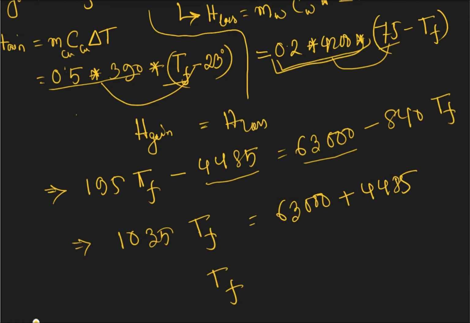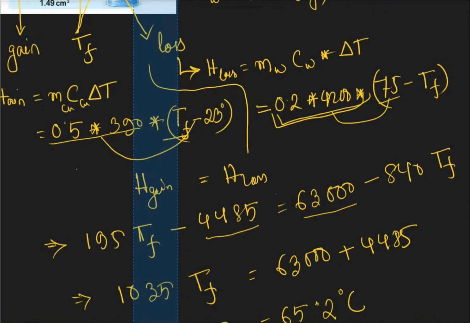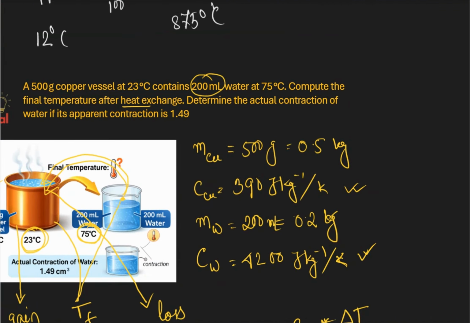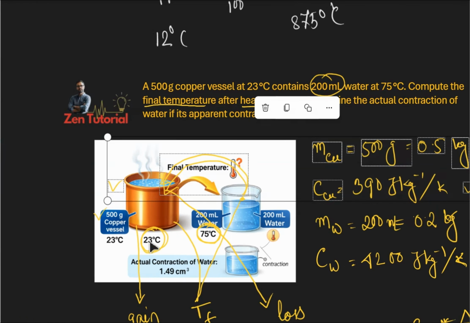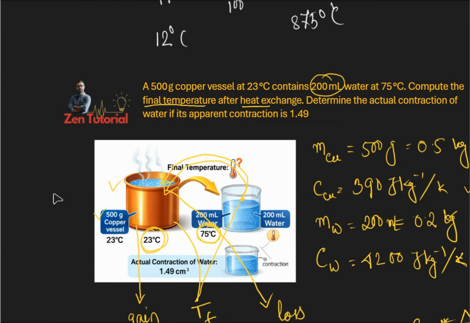So the final value of the mixture, so the final answer will be 65.2 degree Celsius. So this is the final answer actually for the first part of the question. So the first part was to compute the final temperature during the heat exchange between the copper vessel and the 75 degrees Celsius of water.